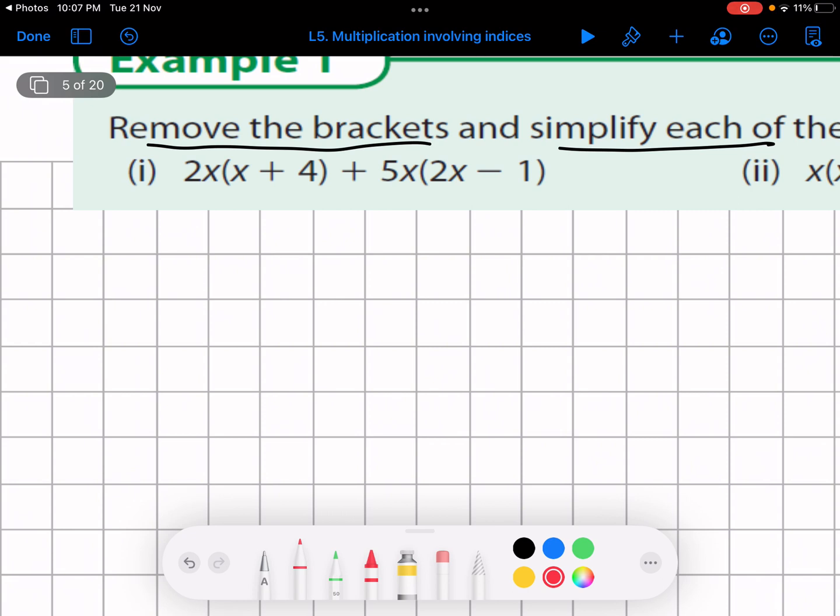I'm going to start in this part of the sum, and then I'll look at this part of the sum. The 2x is multiplied by what's in the brackets. So it's multiplied by the x and the plus 4.